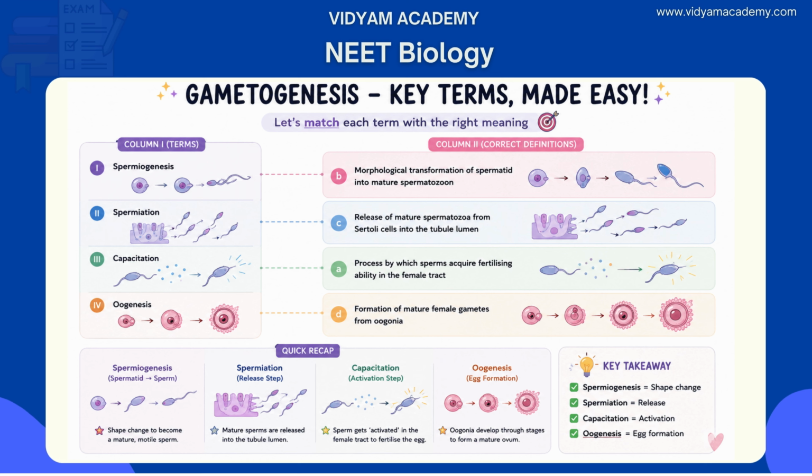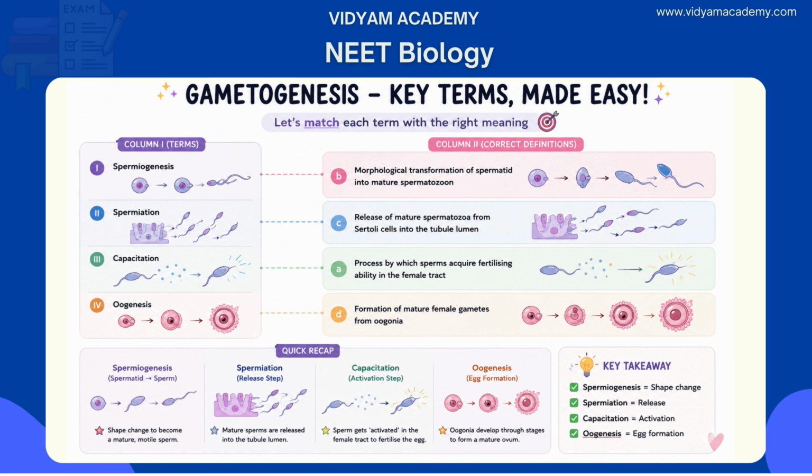The finished spermatozoa are physically detached from the Sertoli cells and released into the fluid filled lumen of the seminiferous tubule, matching C. Capacitation is the physiological priming process that freshly ejaculated sperms undergo inside the female reproductive tract. Changes to the sperm membrane increase motility and the ability to undergo the acrosome reaction, without which fertilization cannot occur, matching A.